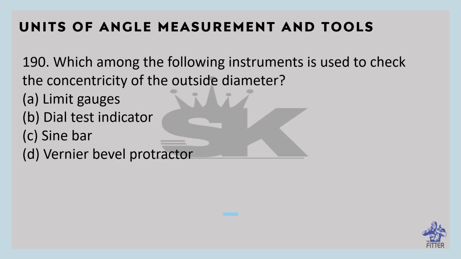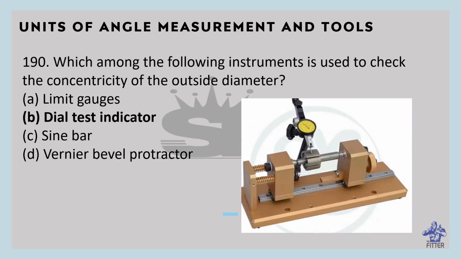Which among the following instruments is used to check the concentricity of the outside diameter? That is dial test indicator. You can see in the picture, dial test indicator is used to check the concentricity of the outside diameter. This is the dial indicator.